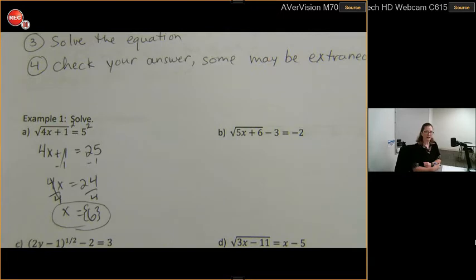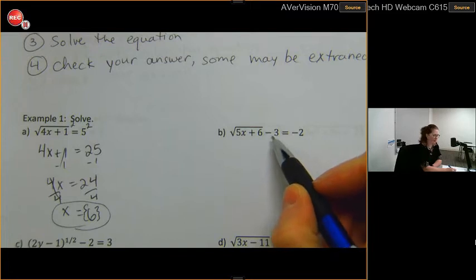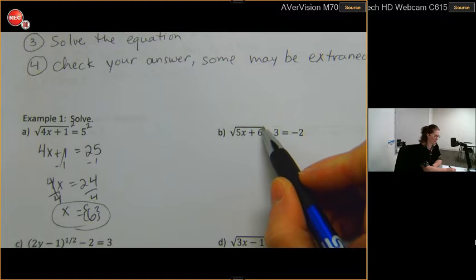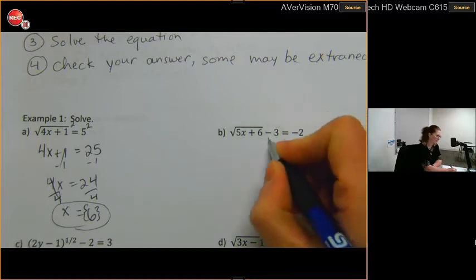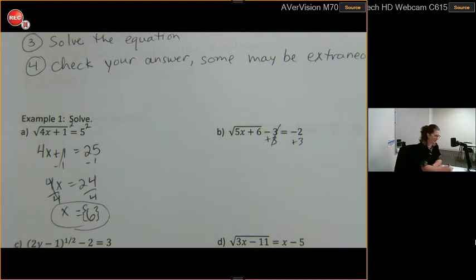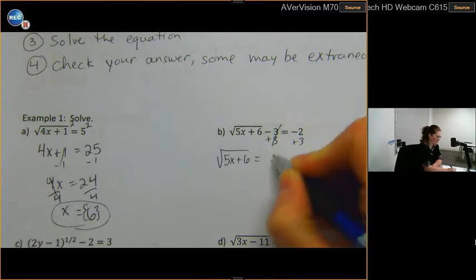On part B, we do need to isolate the radical first, because here on the left-hand side I have this minus 3. And you cannot combine the minus 3 with the 6, because the 6 is underneath the radical and the 3 is not. Instead, I'm going to add 3 to the other side of the equation. So now I have the square root of 5x plus 6 equals 1.